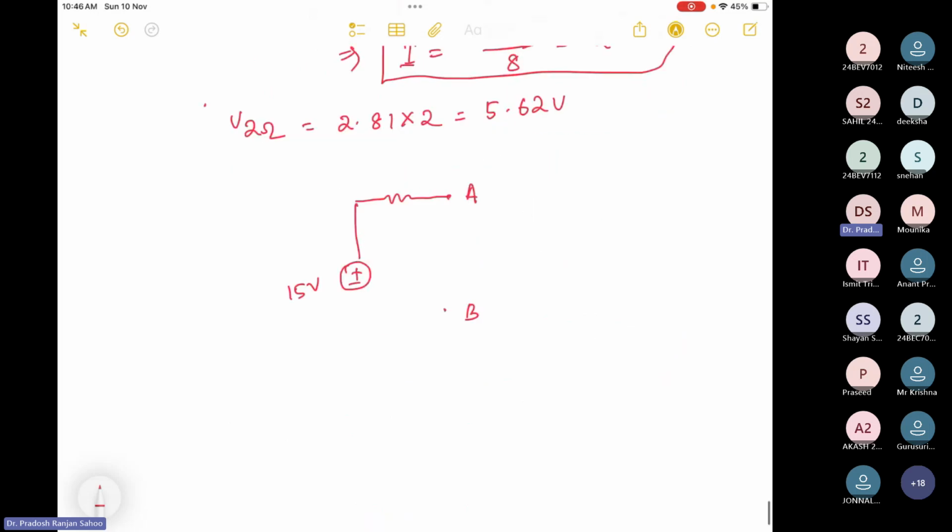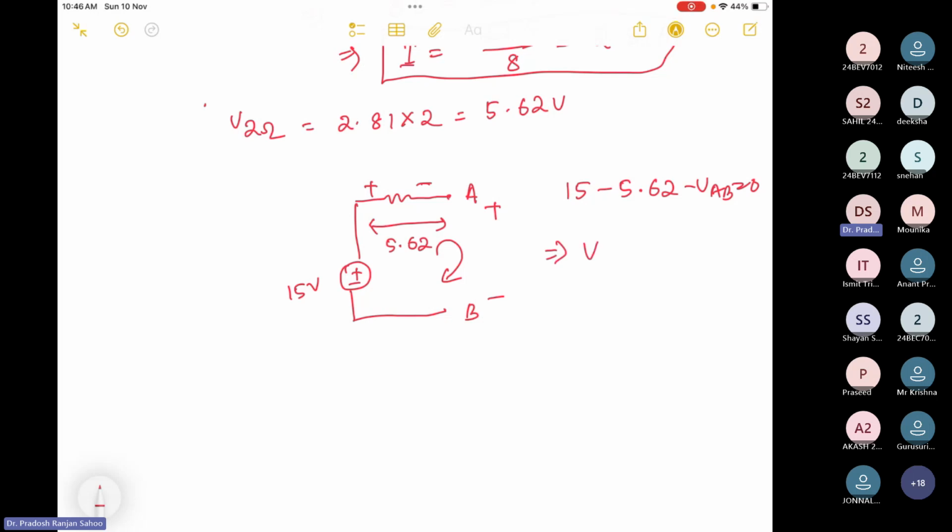Here the drop is 5.62. This is plus, this is minus. Okay. So now I can apply KVL here. Minus to plus 15, plus to minus 5.62. Then this is plus, this is minus, minus VAB equal to 0.